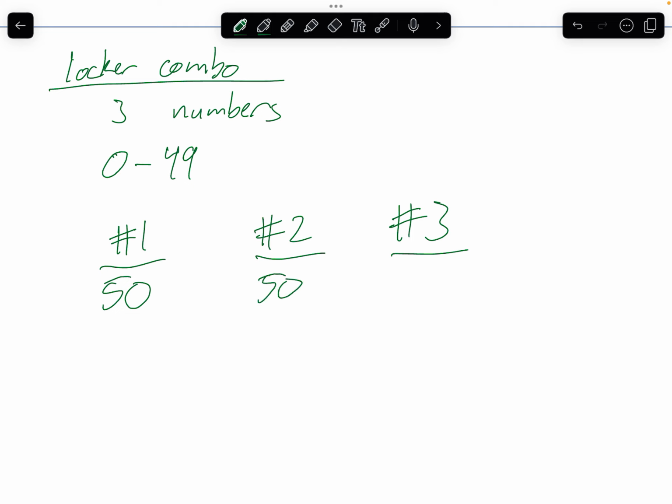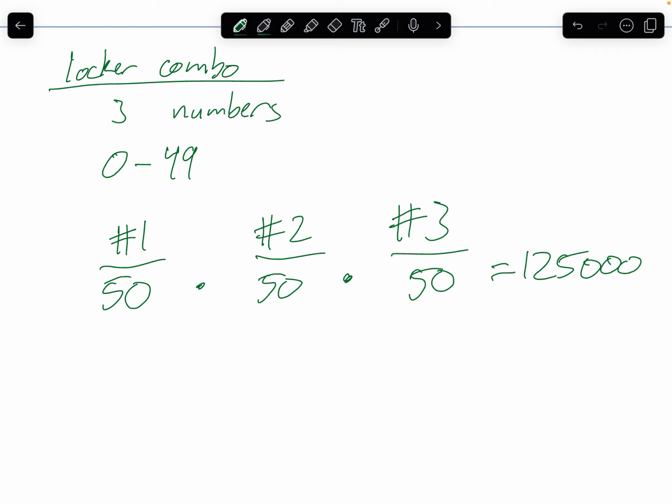So 50 again. And our third number, we still have 50 options. So it's not 50 times 3. It's 50 times 50 times 50. And this gives us 125,000 combinations, not 150. Okay.